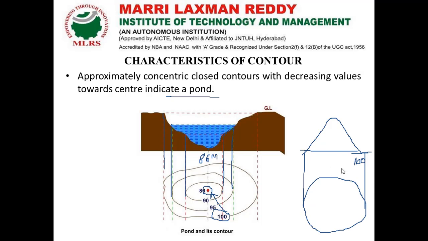Next, moving toward increasing height, it is called 101. My lines are somewhere here. This is called 101 meter. Then here, this is called 102 meter.